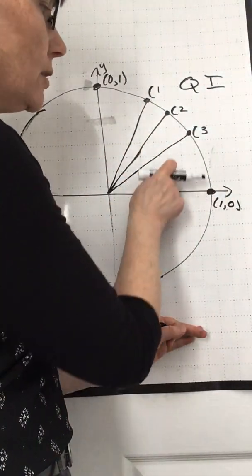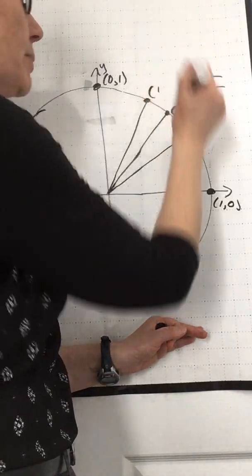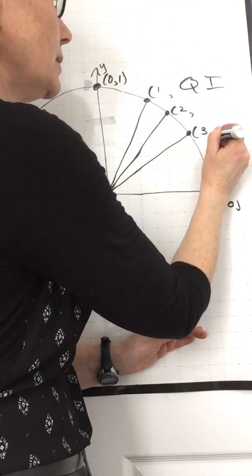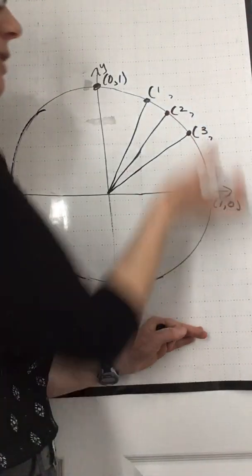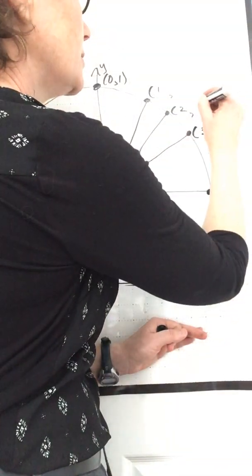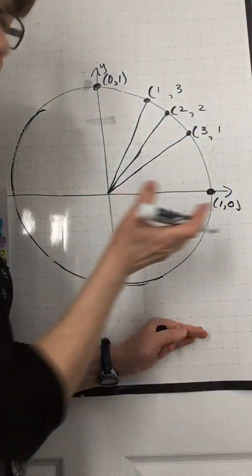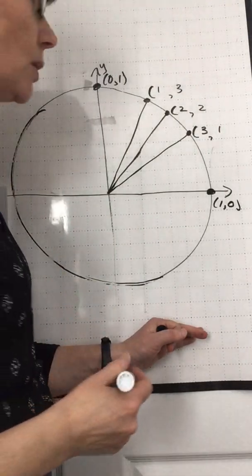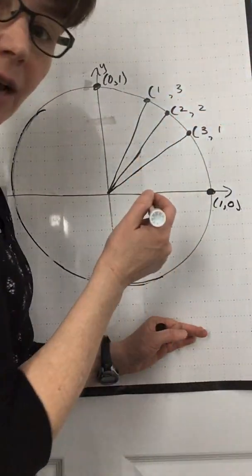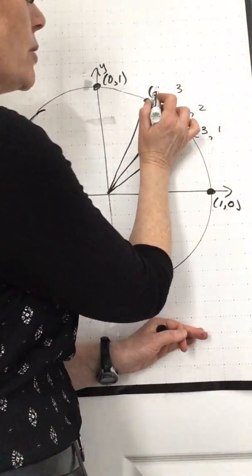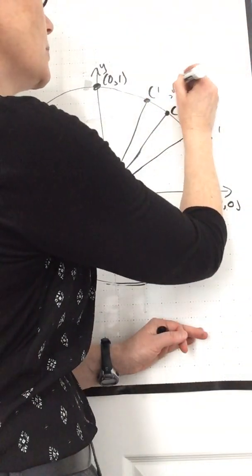If we think about y coordinates increasing as we go up, so next we'll put the y coordinate. Increasing as we go up, 1, 2, 3, okay? Y coordinates increase as we go up. All of these are actually square rooted. Square root of 1 is actually 1, so we don't need to square root it.